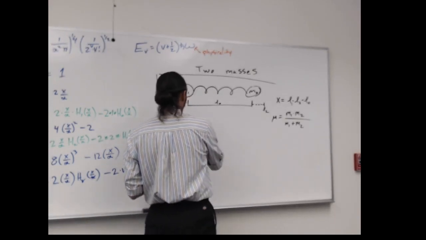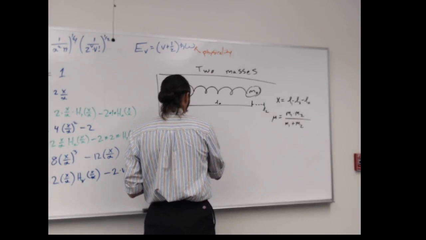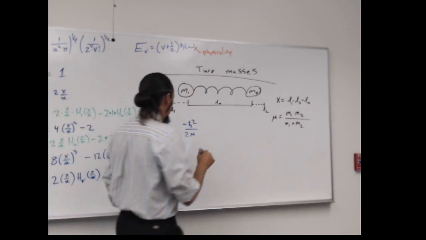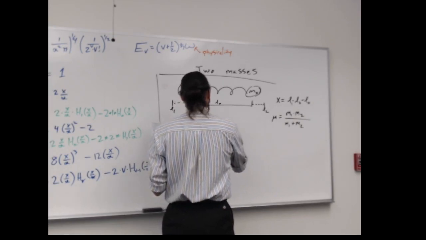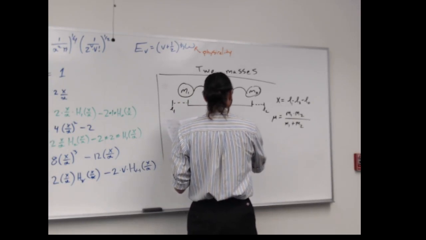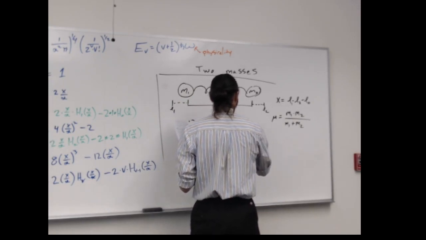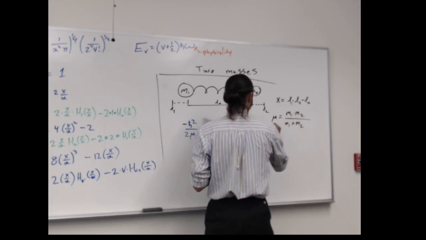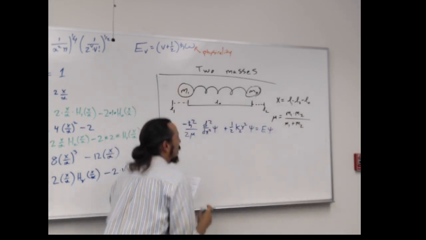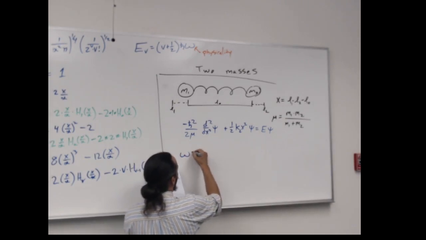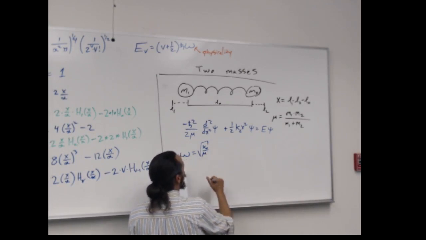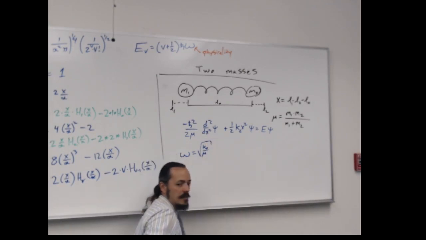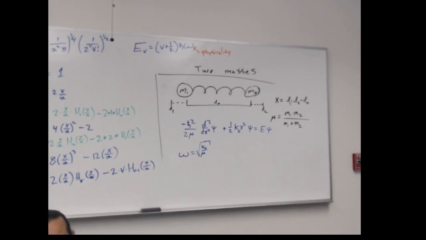Our Hamiltonian ends up being negative h bar squared over 2 reduced mass rather than just m1, d by dx squared on psi plus 1/2 kx squared on psi equals E psi. We define omega slightly differently as the square root of k over reduced mass. And then pretty much any place where you see an m, you replace it with this reduced mass.